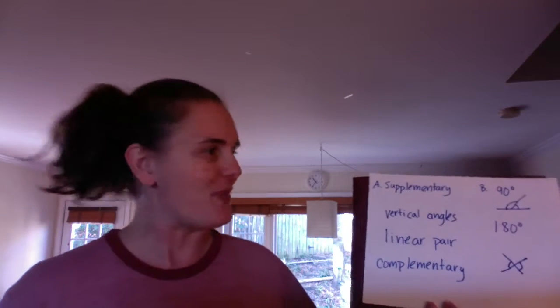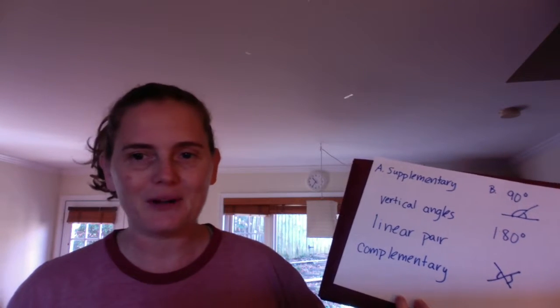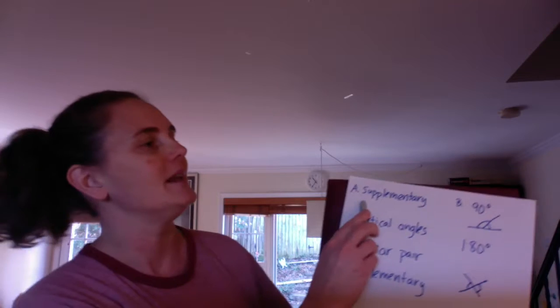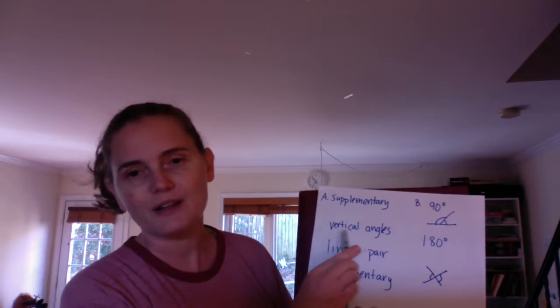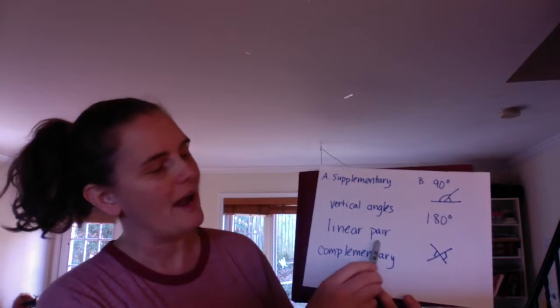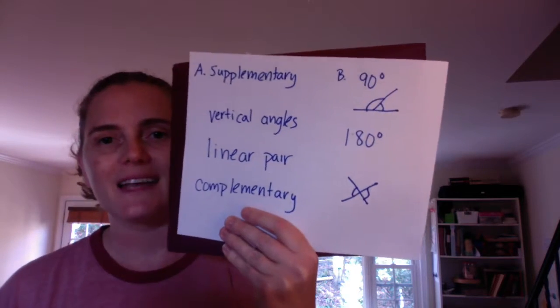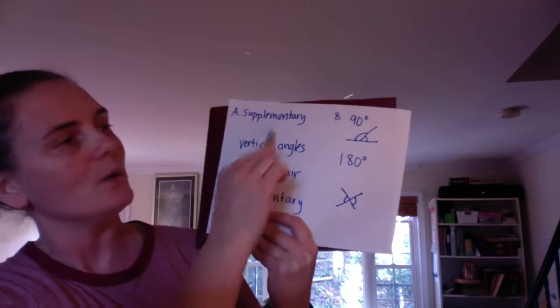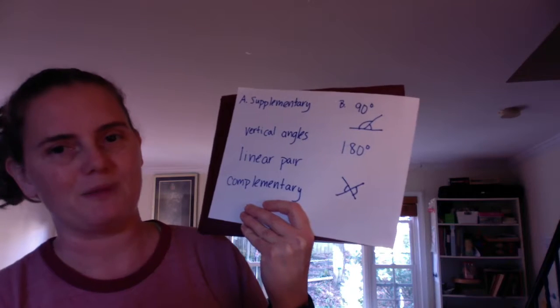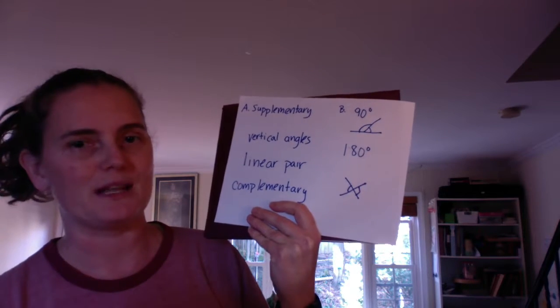So let's get started with a reminder of some of our vocabulary words that we've learned lately. We've got supplementary, vertical angles, linear pair, and complementary. You have to draw a line to connect the word with the picture that best represents it, or the number that best represents it.